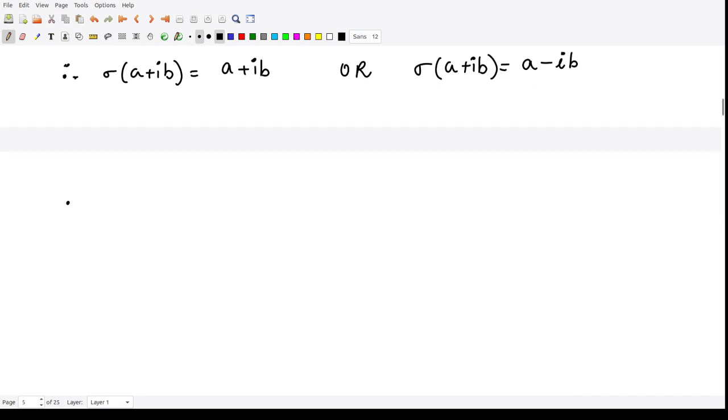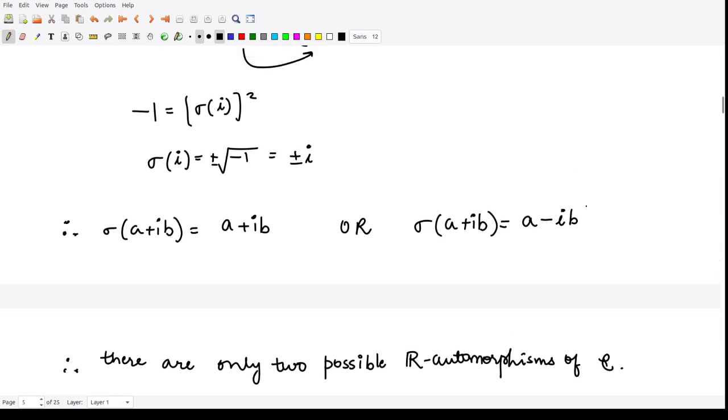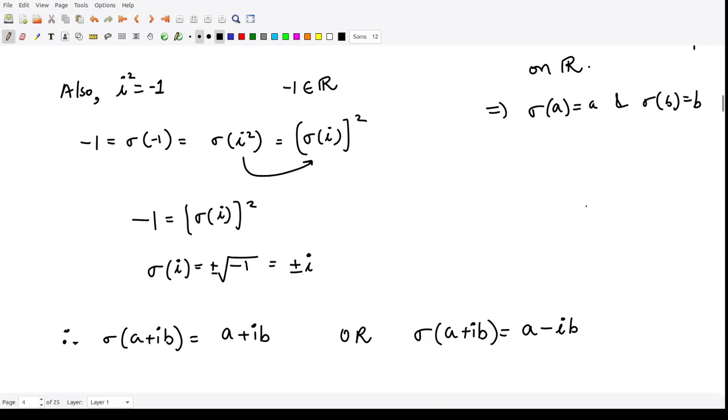Therefore, there are only two possible R automorphisms of C. So these are the only two possibilities.